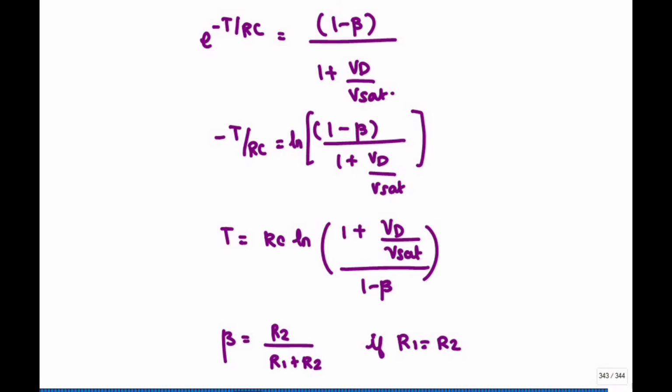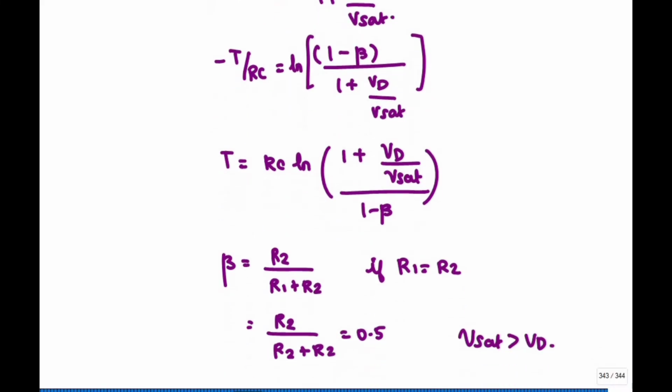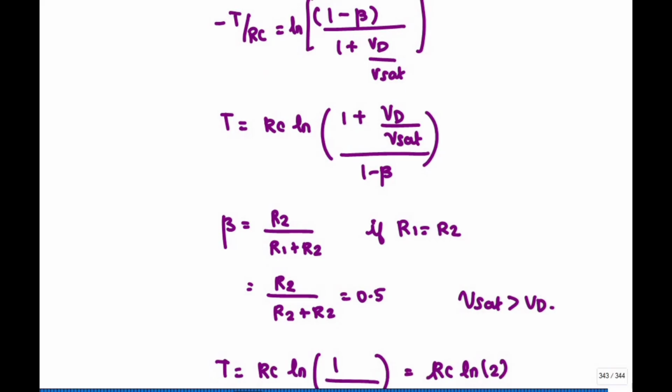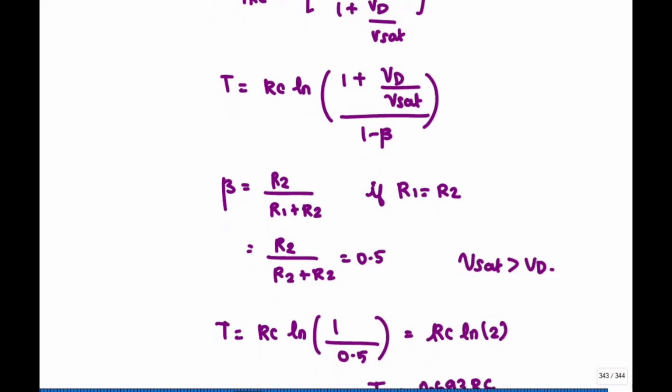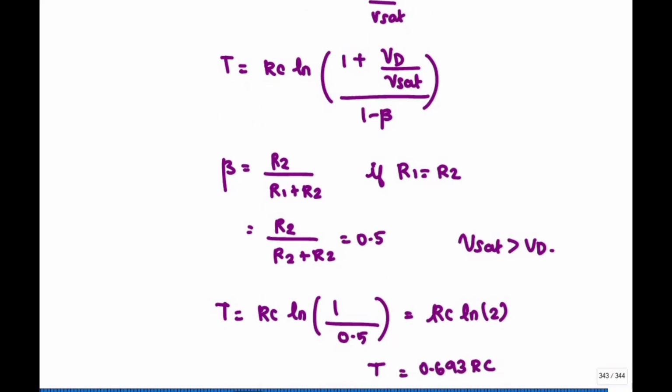So we know that beta is equal to, what is beta? Beta is equal to R2 divided by R1 plus R2, right? So if R1 is equal to R2, then I can write R2 divided by R2 plus R2, that is equal to 0.5.